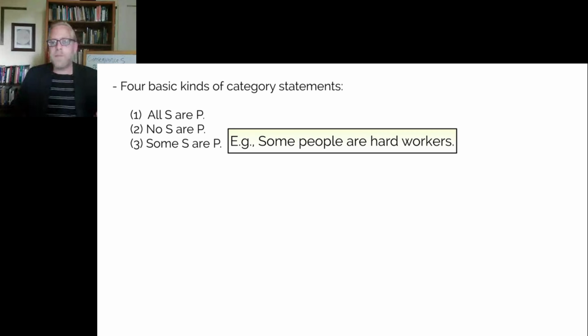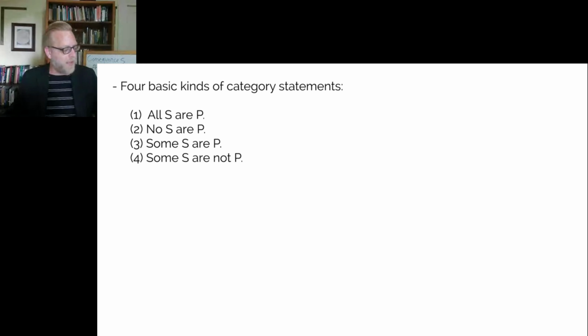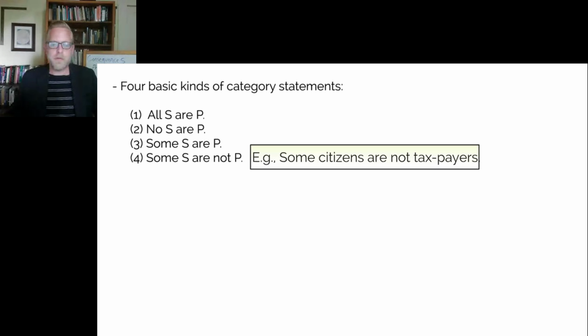And because this is logic and we can't have any ambiguity, we have to define our terms. This is kind of weird, but in logic, when we say some, it means at least one. That's all it means. So when we say some people are hard workers, that could mean there's just one person that's a hard worker. That doesn't seem correct, but that's just what we mean by some: at least one member of this category. Or Some S are not P: some citizens are not taxpayers.